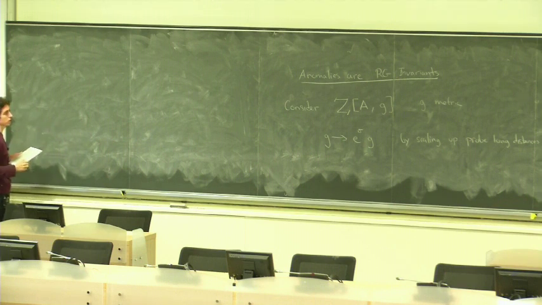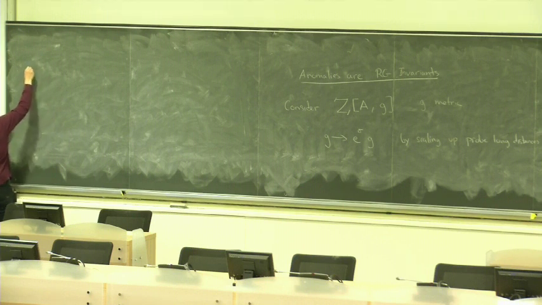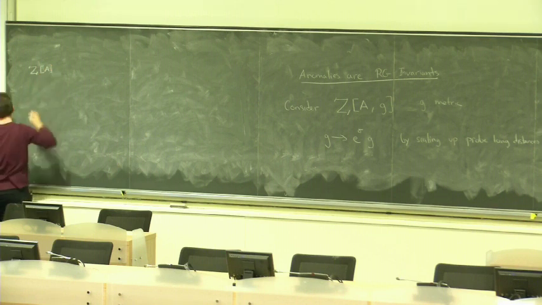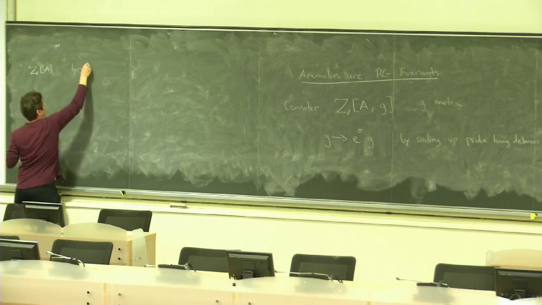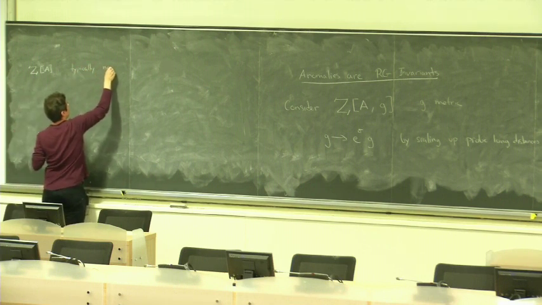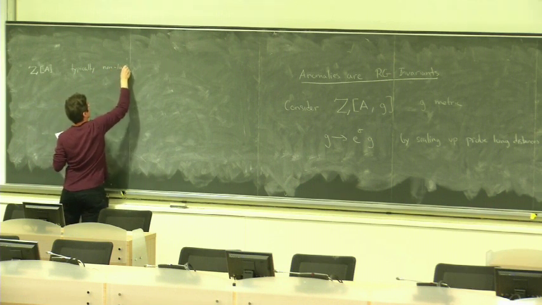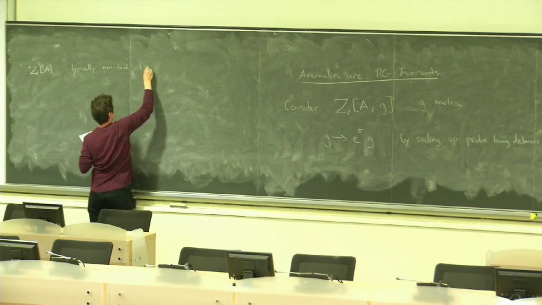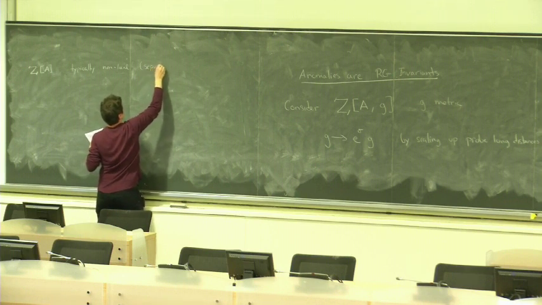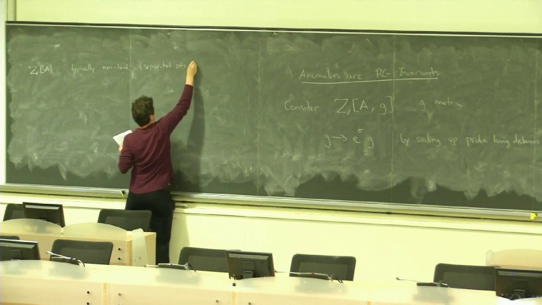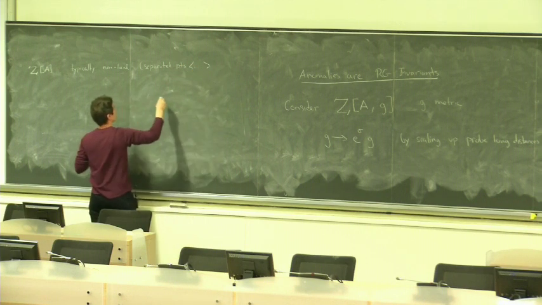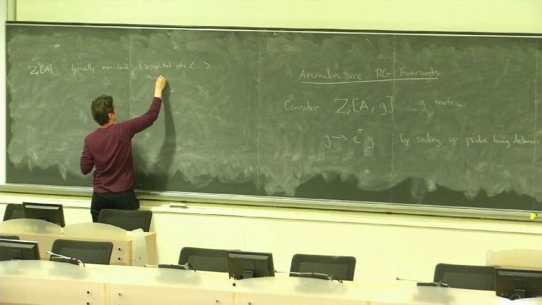So to conclude, let's connect this discussion to our previous analysis. Z of A, what kind of function is it? Well, it's typically a horribly non-local function. That's because the separated points correlators of J's are non-zero, typically.